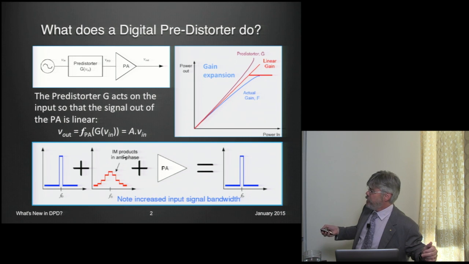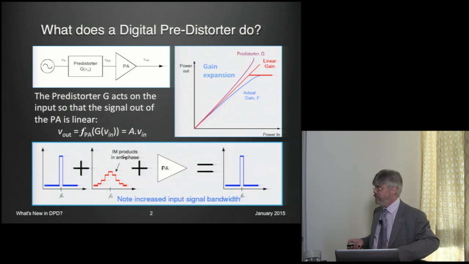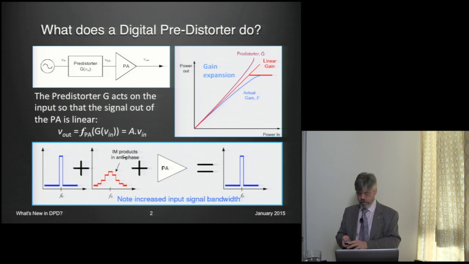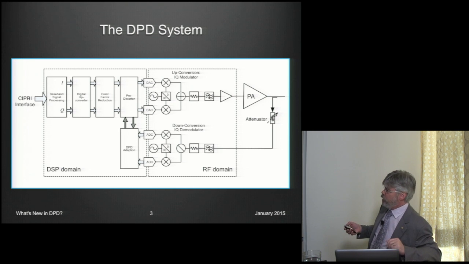So the job of the predistorter is to add some intermodulation distortion in such a way that the combination of the distortion from this and the real signal, once that's all distorted by the PA, is a nice linear signal. And that's what we're trying to do, and it's an exercise in essentially nonlinear mathematics to get that to work. And so that's really what predistortion is.